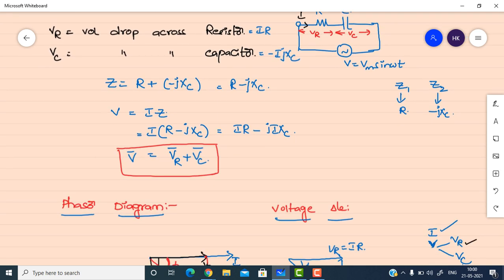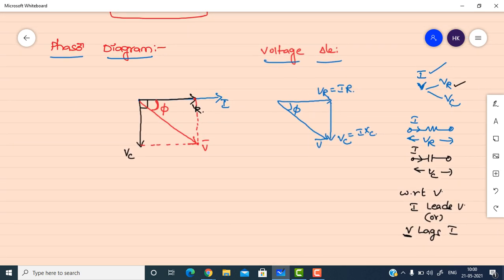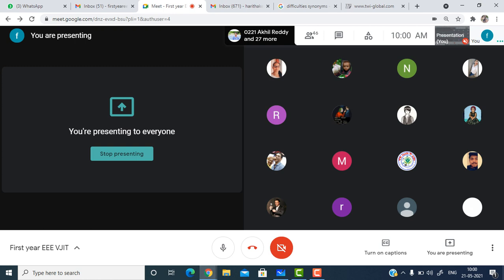Then why am I not representing that one? Here in this voltage triangle I am representing only I into XC. Why am I not representing j? Anyone?